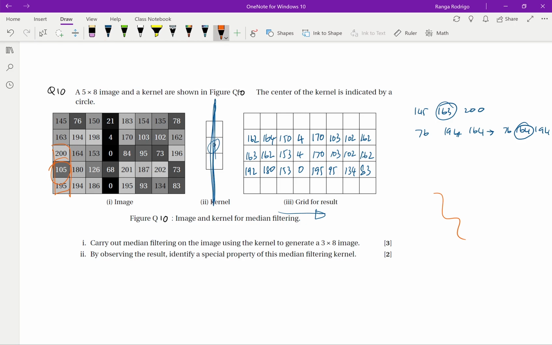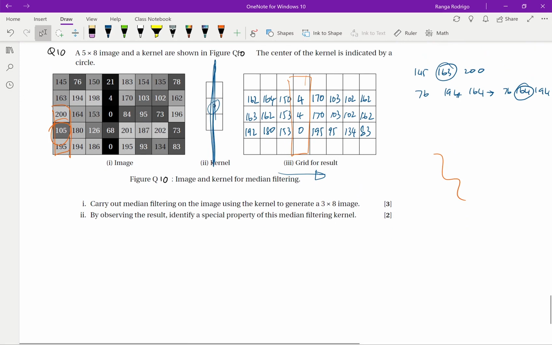So you see that this vertical edge here has been preserved. If you had a median kernel of this nature, then horizontally and vertically it will do the median. Now here in this case, median will be done only vertically. So vertical edge preserving median filtering.